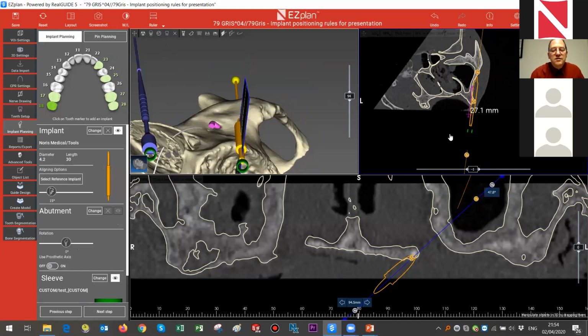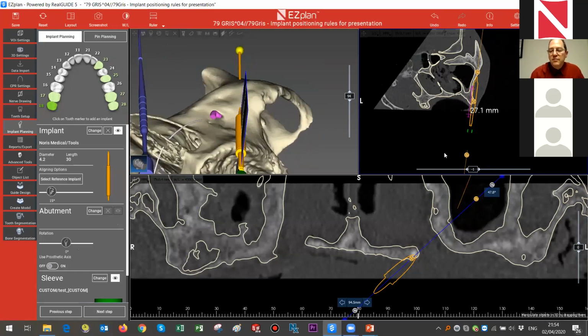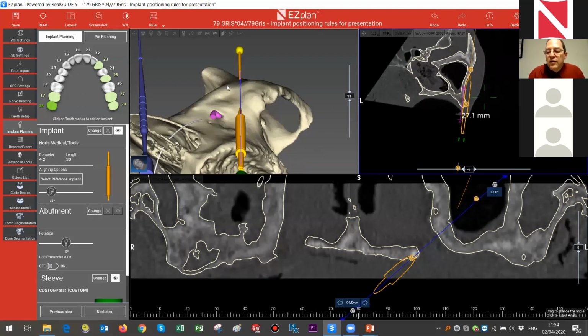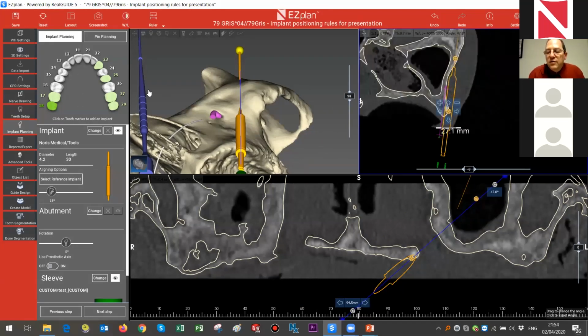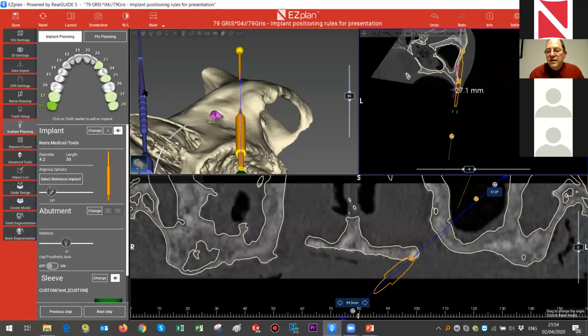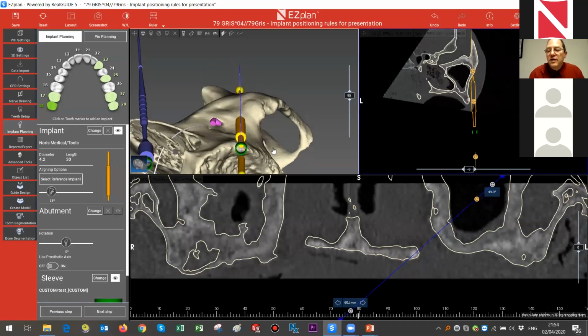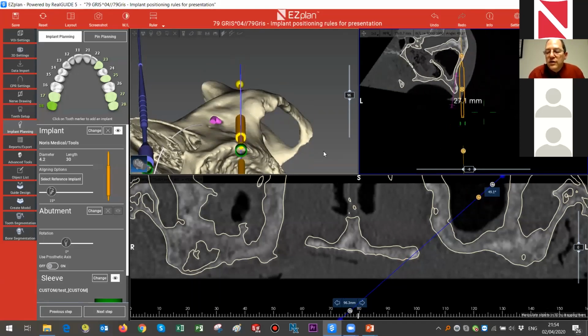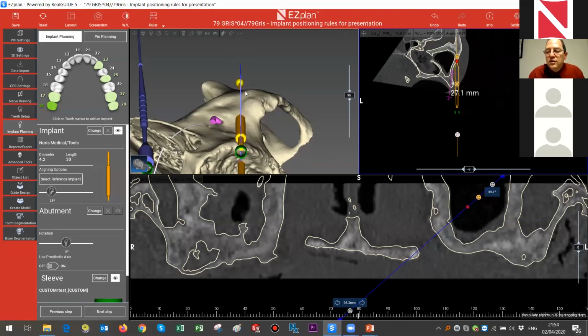This is the view we want to look at. On this view, I've already pointed where the implant should be. Let's say I guess the point and I start from this position and start going down. Let's say you came to this position.